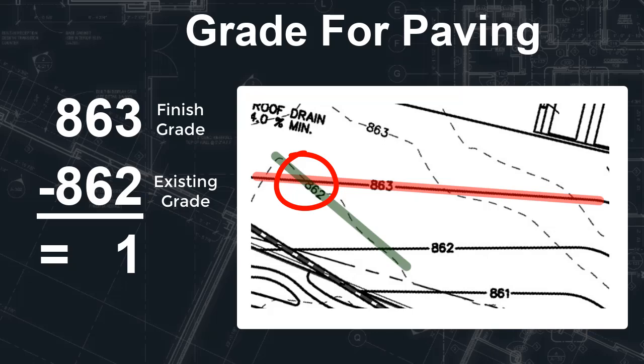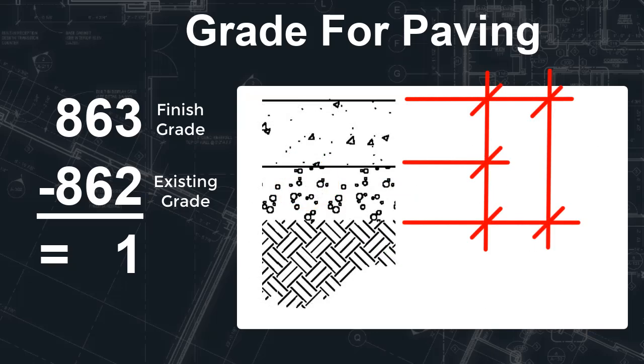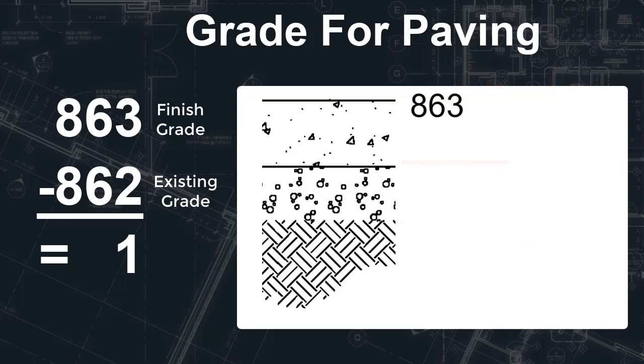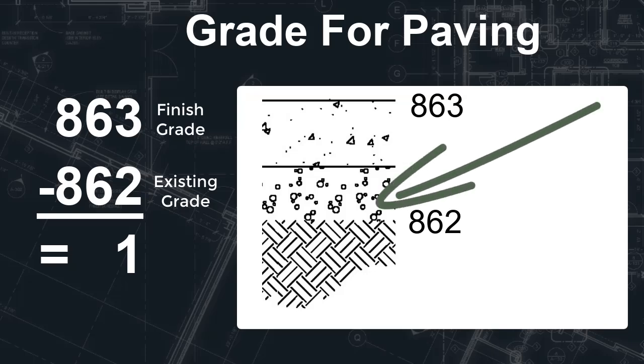But what if the thickness of the paving and the thickness of the gravel below the paving take up 1 foot? All of a sudden I have no cut and fill because I'm down that foot difference. So even though the finished grade line says 863 and the existing grade line says 862, the elevation of the soil before I start paving needs to be 862 if the pavement and gravel is a foot thick.